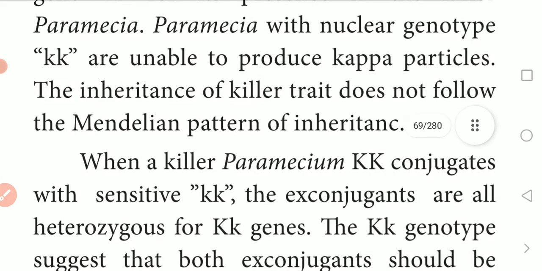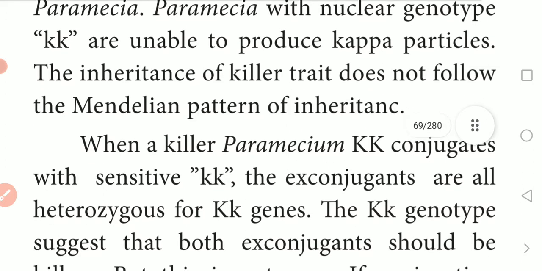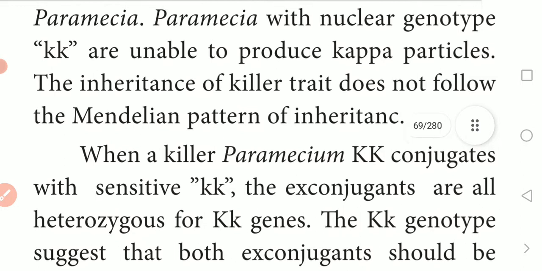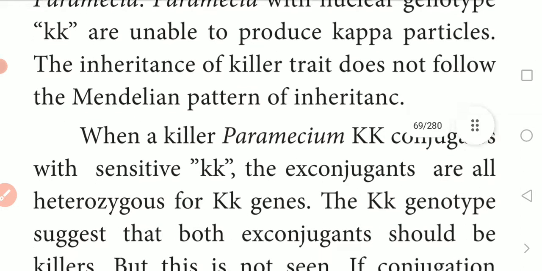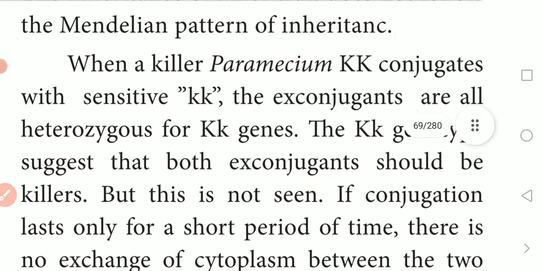A killer Paramecium may contain hundreds of kappa particles which have their own DNA and which in turn are dependent on the dominant gene K, a capital K, for their presence in the killer Paramecia.